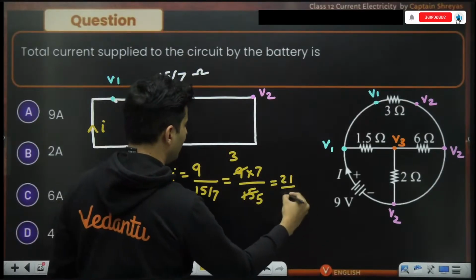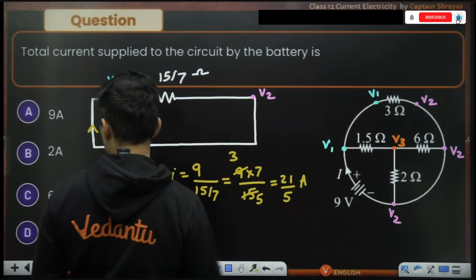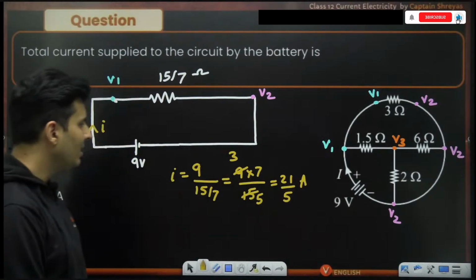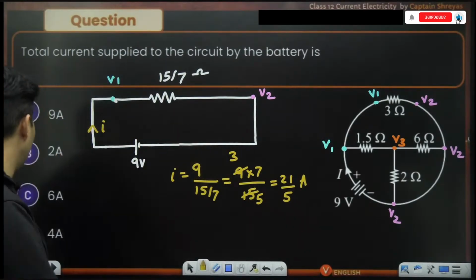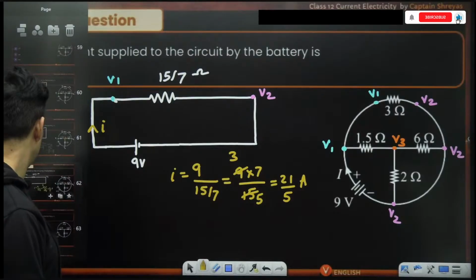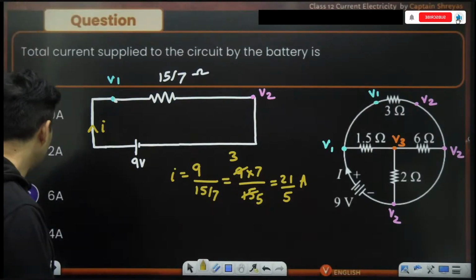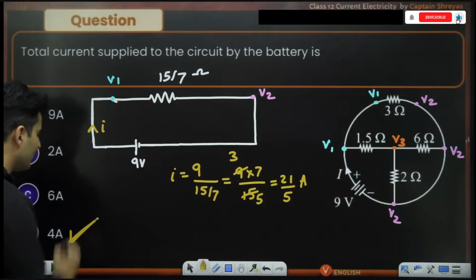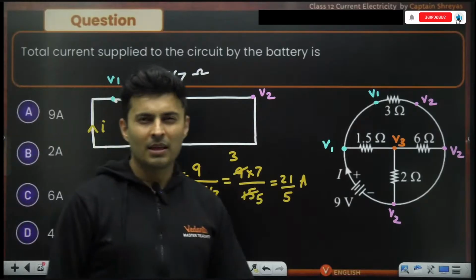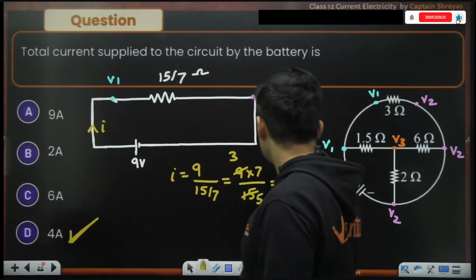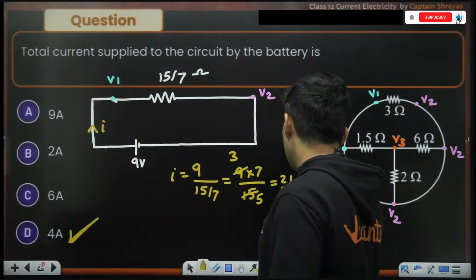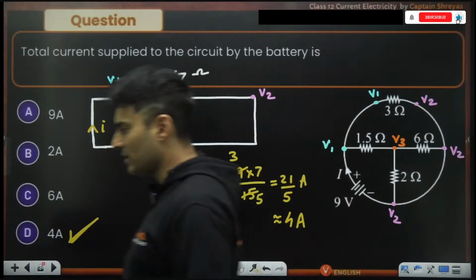So 21 by 5 amperes, which is close enough to 4 amperes. So close enough to D option. It is not exact, but approximately 4 amperes.